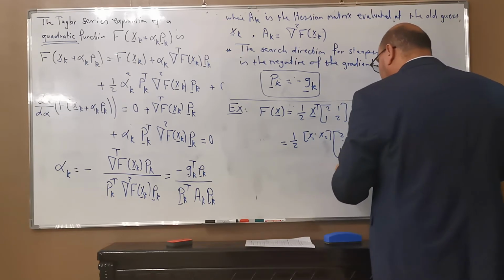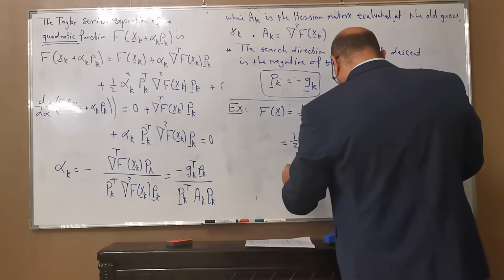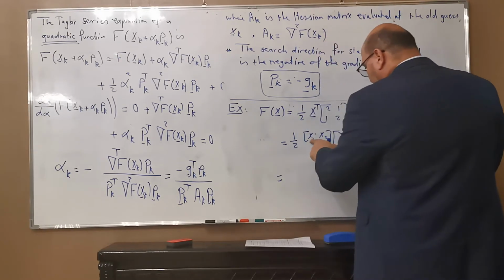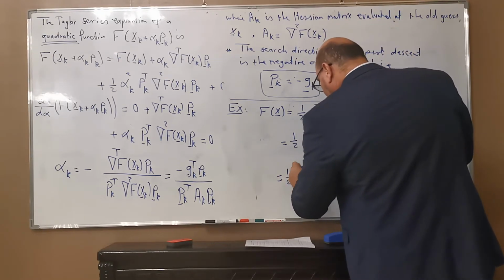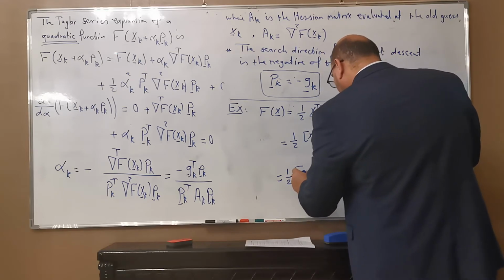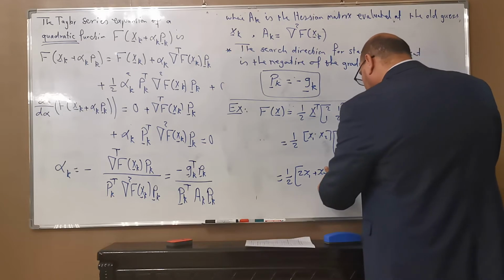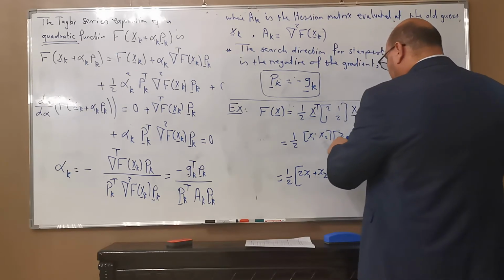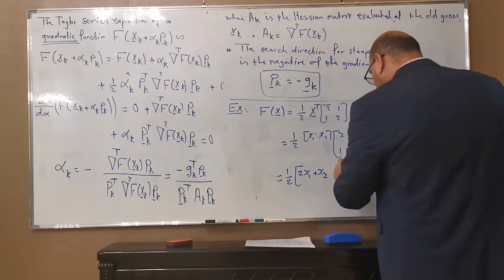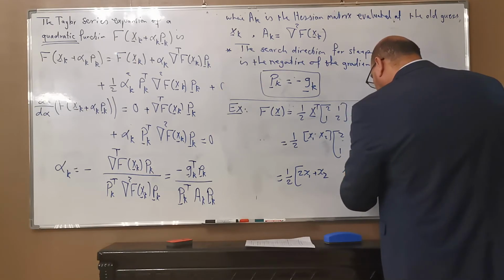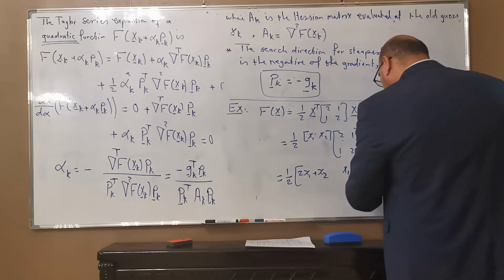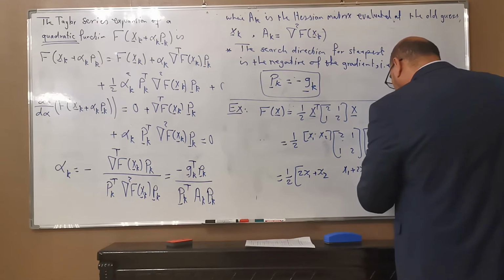So you have two variables. Multiplying this out, you get 1/2 times 2x1 plus x2 and x1 plus 2x2 times x1, x2.